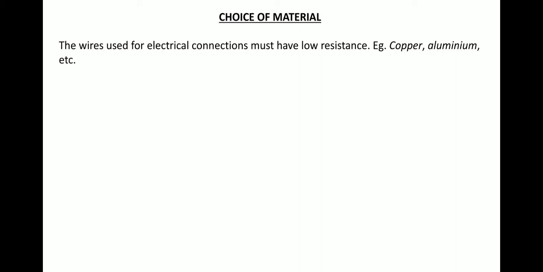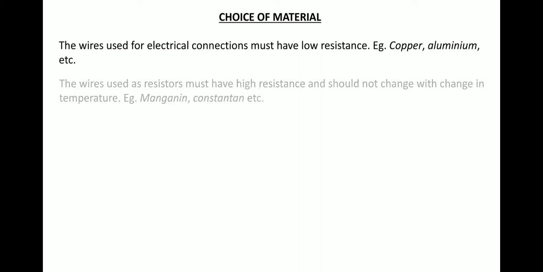If you're using wires for electrical connections in your household circuits, or for different purposes where the current needs to flow, then you have to use those wires which have very low resistance. Example, copper, aluminium, etc. If you are using the wires for resistors, then they must have high resistance and their value should not change with change in temperature. Examples are manganese and constantan.